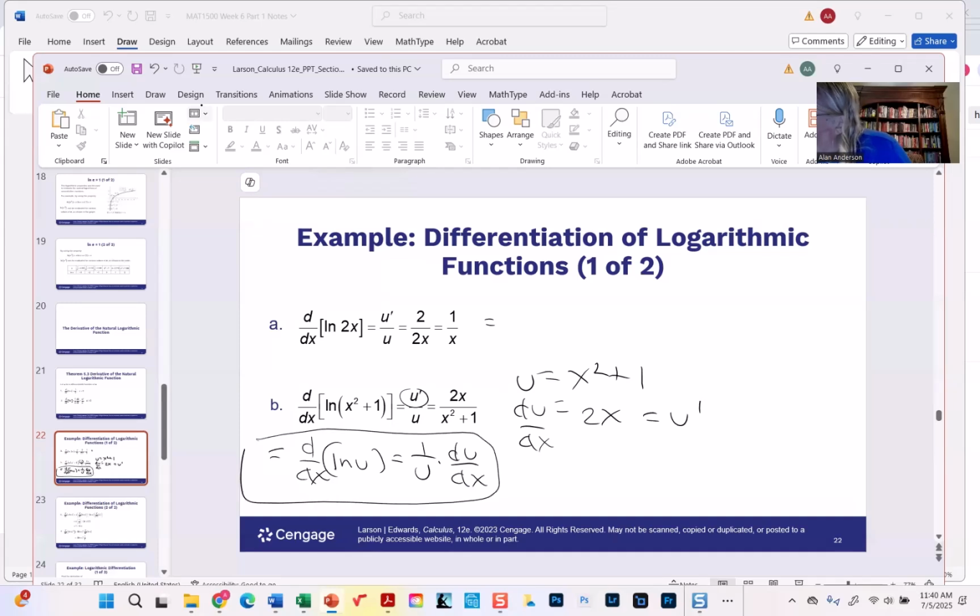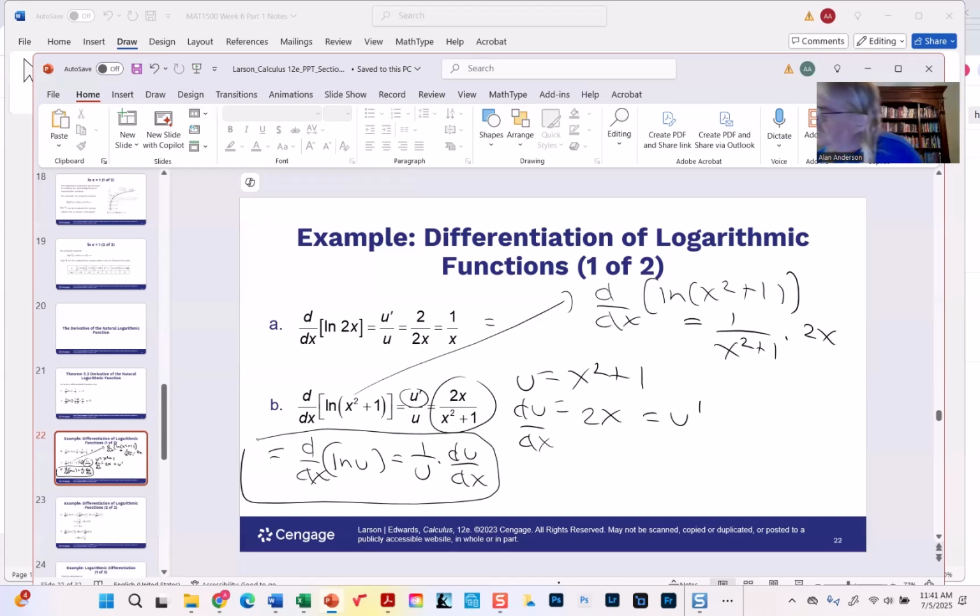So that means in this case, the derivative is going to be 1 over x squared plus 1 times 2x. And that's what they have here. So the key of the whole thing is right here. When you're using u substitution like this, you will need the chain rule. It's 1 over u, but then you also need the derivative of u, whatever it happens to be.